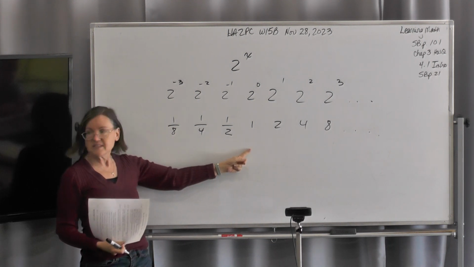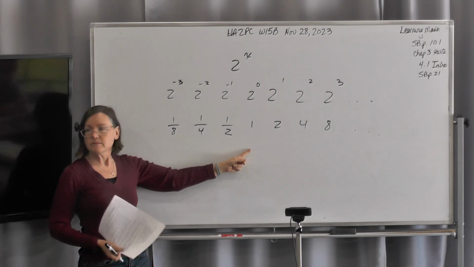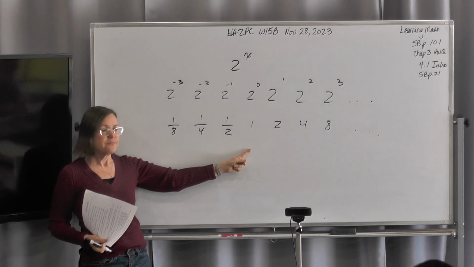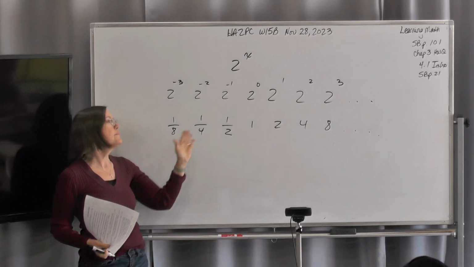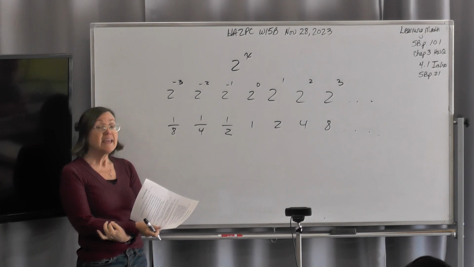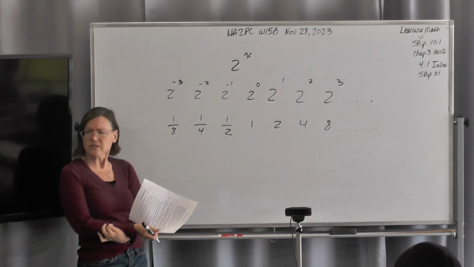So if you notice that this is the pattern, what do you notice about the domain and range of the exponential function? First of all, think about the range. What can come out of an exponential function? Huh? It's greater than 0. Yeah, I cannot get 0, and I cannot get a negative number. Does everybody see that?